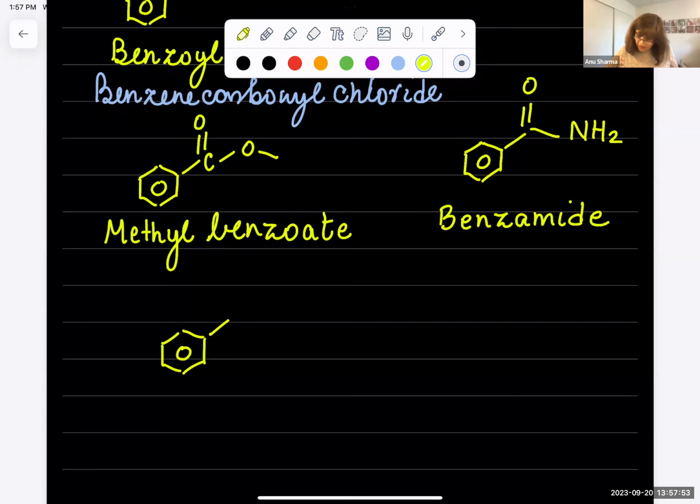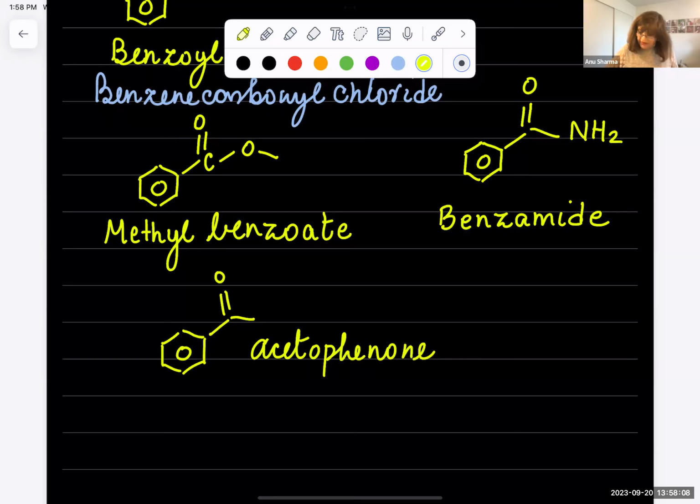Then comes the last one, which is here: a carbonyl group, and then methyl. So this is acetophenone, A-C-E-T-O-P-H-E-N-O-N-E. Remember that, from the ketone, okay? This also means 1-phenylethanone in IUPAC naming.